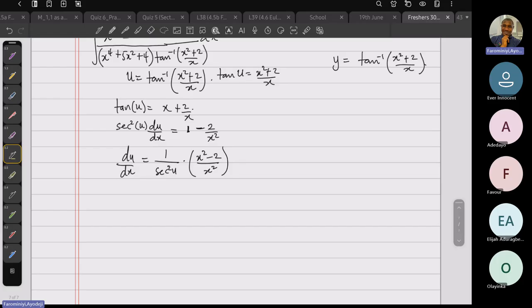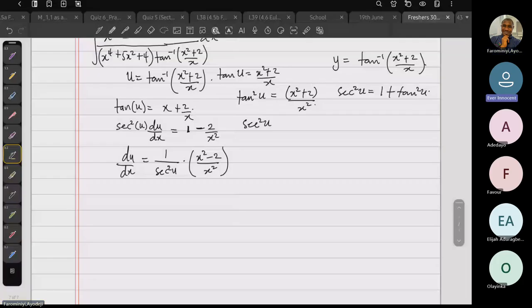So since we know that tan u is equal to (x squared plus 2) over x, then it means that tan squared u is equal to (x squared plus 2) over x, squared. Then we know from the Pythagorean identities that sec squared u is equal to 1 plus tan squared u. Then that means that sec squared u is equal to, yeah?